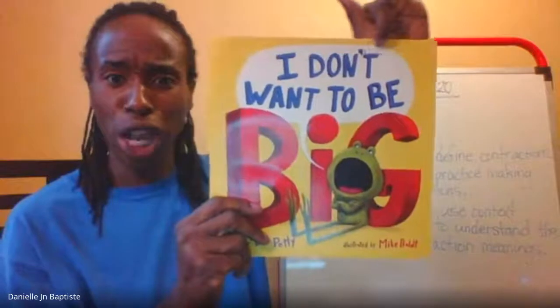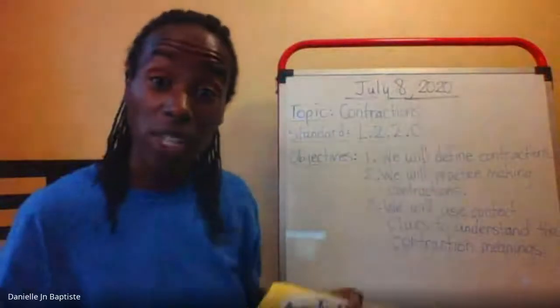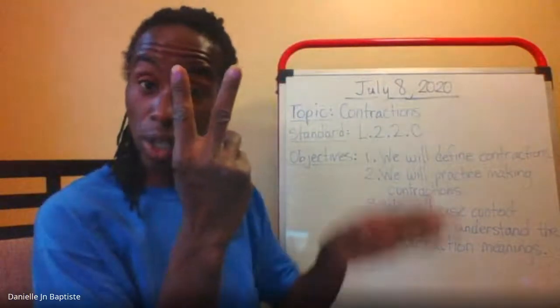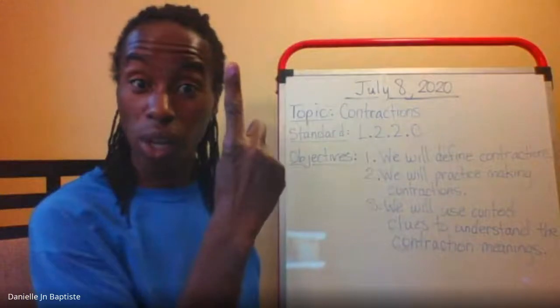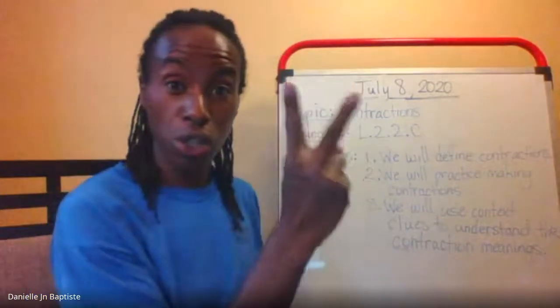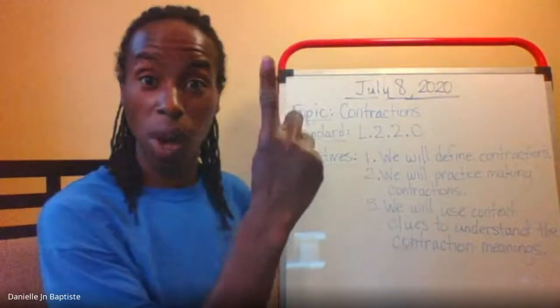I don't. Look at that. Don't. A contraction, like I said, is 2 words put together to make one word. Do that with me. 2 words put together to make one word.